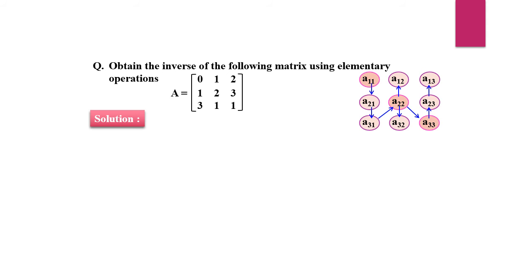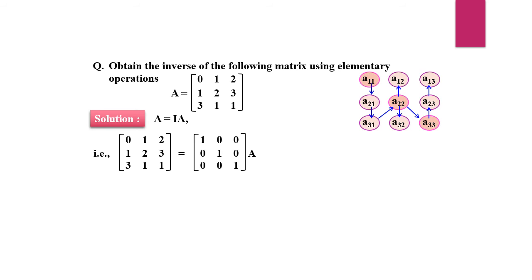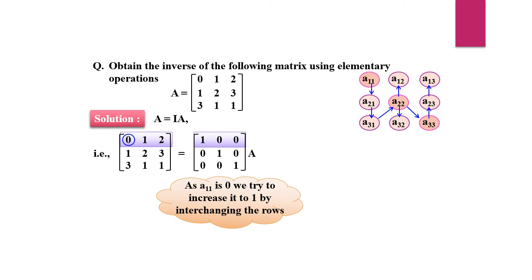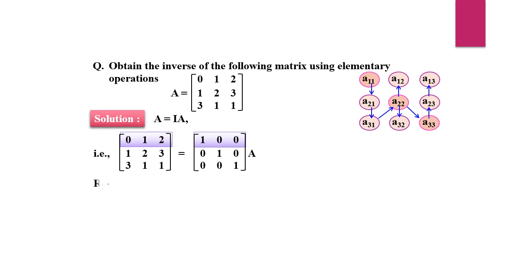To convert it into 1, we just interchange R1 and R2. So we get the elements of R1 as 1 2 3 and the elements of R2 as 0 1 2.